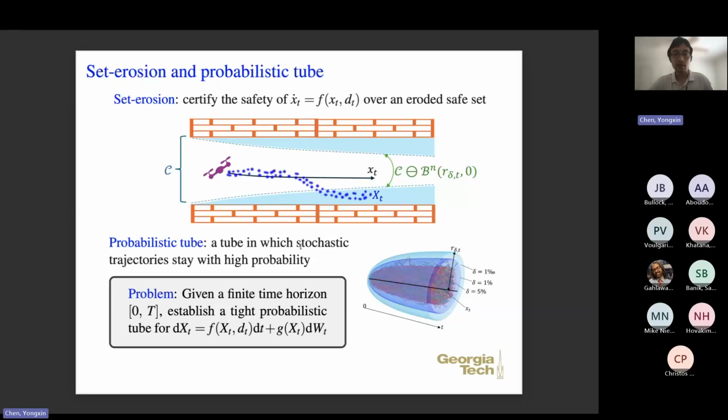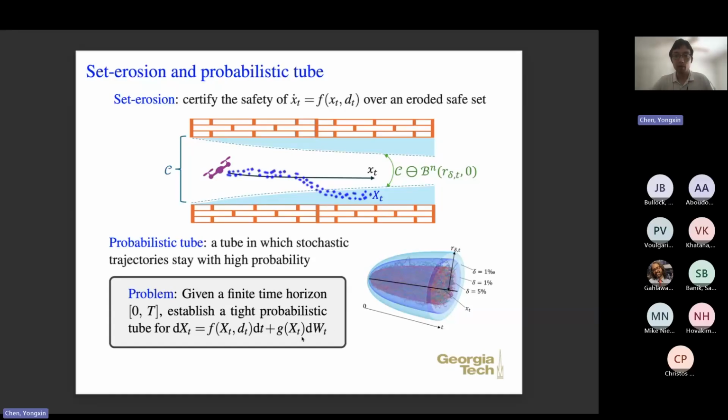So with this, we basically reduce the stochastic problem into a deterministic problem. The only thing we need to achieve this is to develop a probabilistic tube. So we would like to estimate this tube so that the trajectory stays inside it. Okay, so that is what we did.